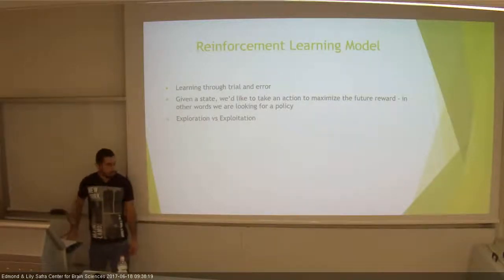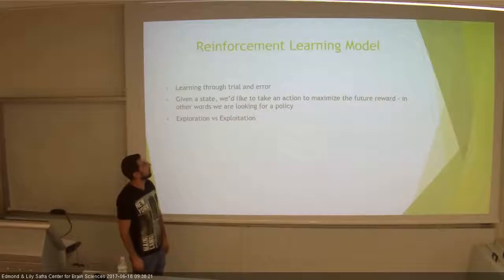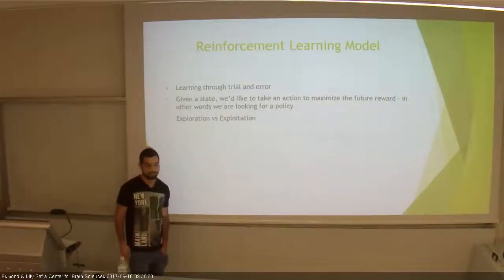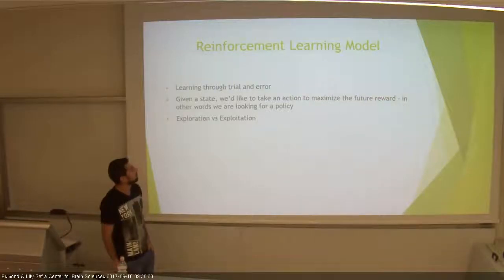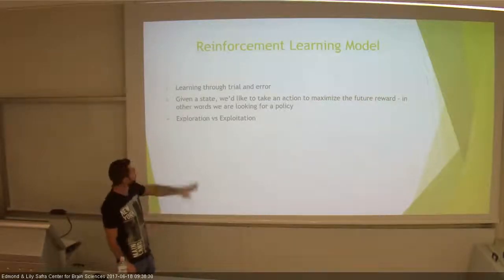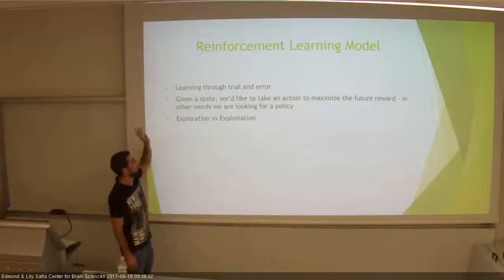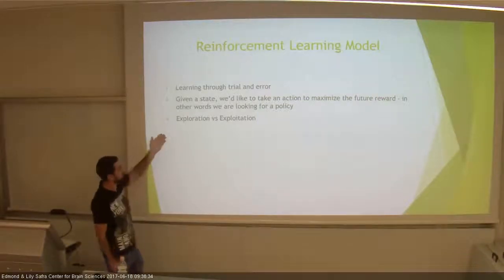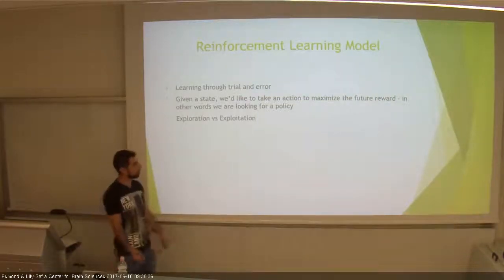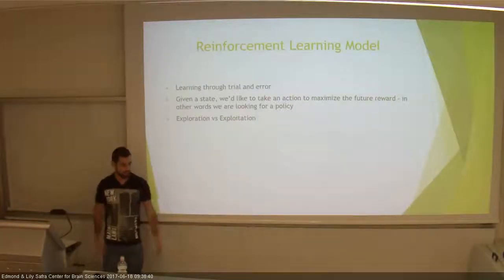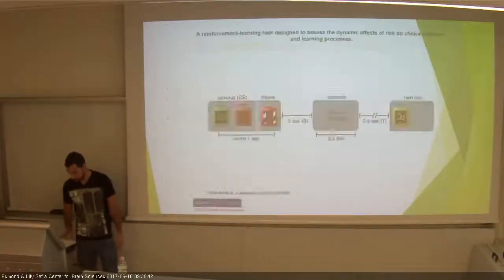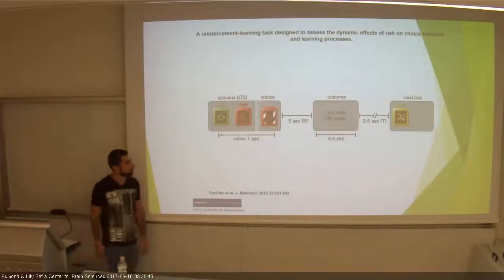So a reinforcement learning model is going to help us model this mechanism. It's pretty standard and we already went over this, so I won't take too long. Given a state, we take action to maximize the future reward, so we're looking for a policy that maximizes our reward.